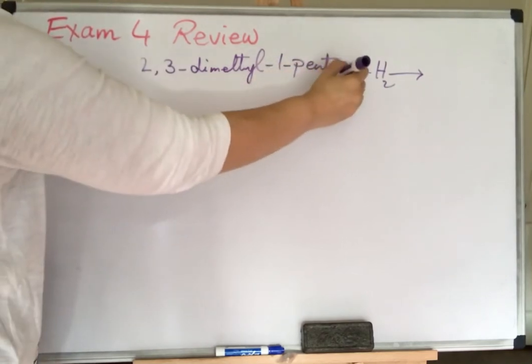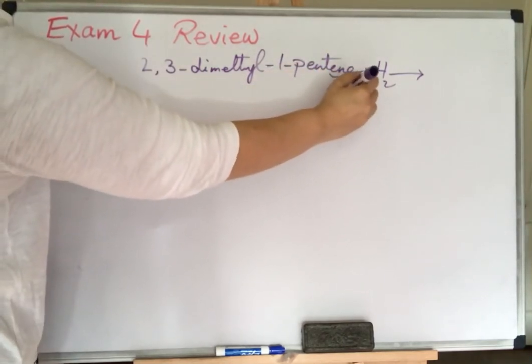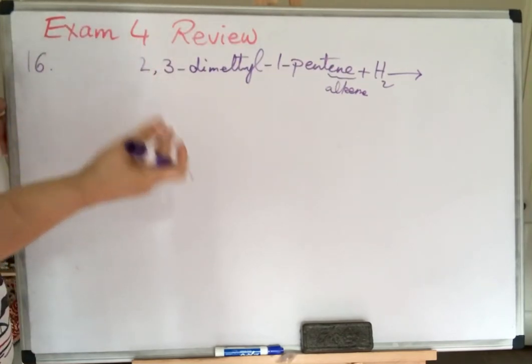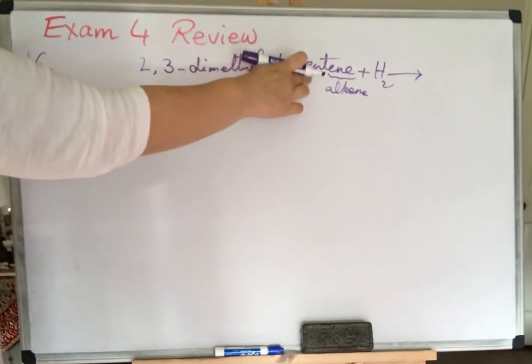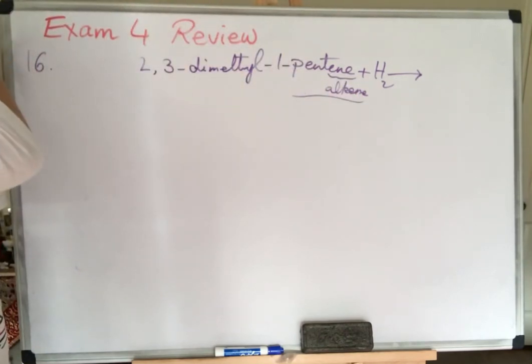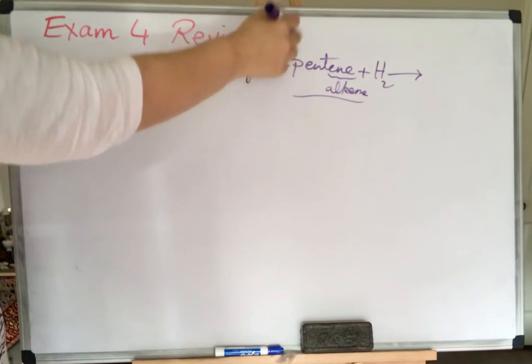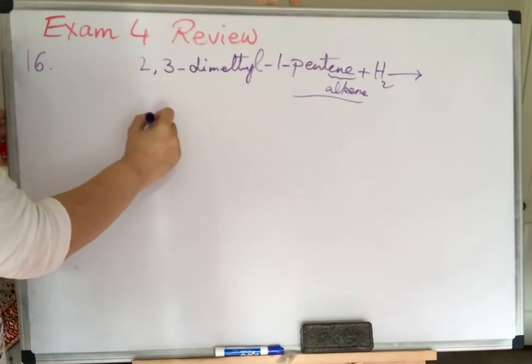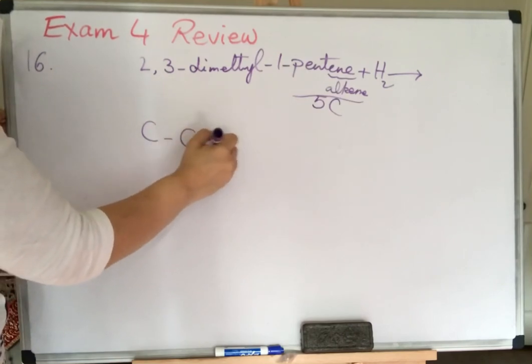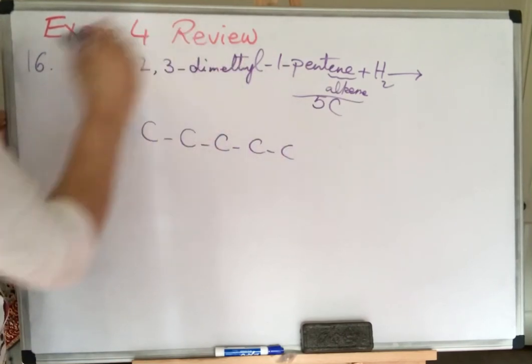So seems like we have an alkene, so we are saturating, we are adding hydrogen to its double bond. But first we need to know how to draw this double bond. Pentene, I told you, when you go from the name to the formula, you go with the end of the name. Pentene means how many carbons? 5 carbons. So put 1, 2, 3, 4, 5.